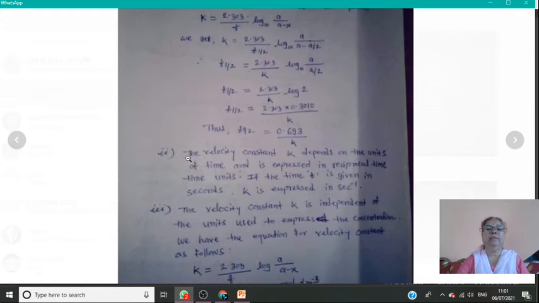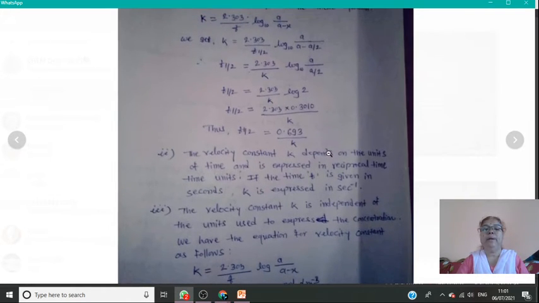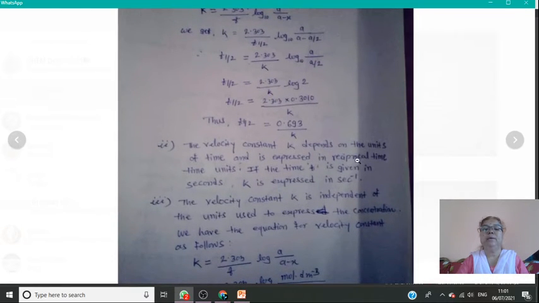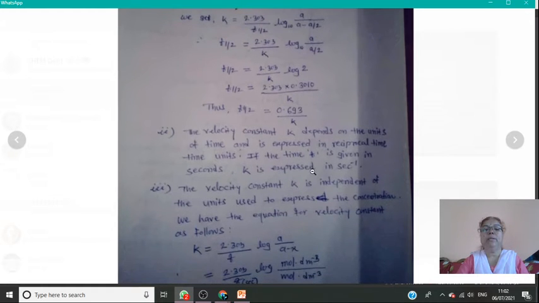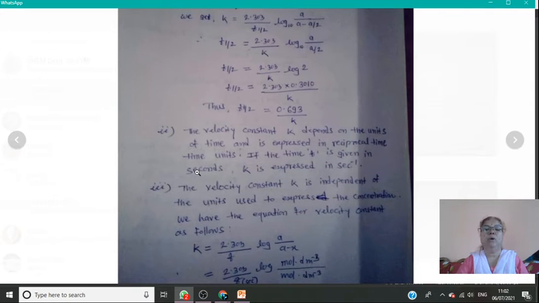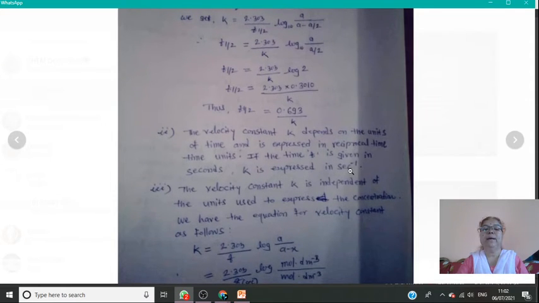Then the second characteristic: the velocity constant K depends on the units of time and is expressed in reciprocal time units. Last time you have learned this. If the time t is given in seconds, we have the unit of K as second inverse.